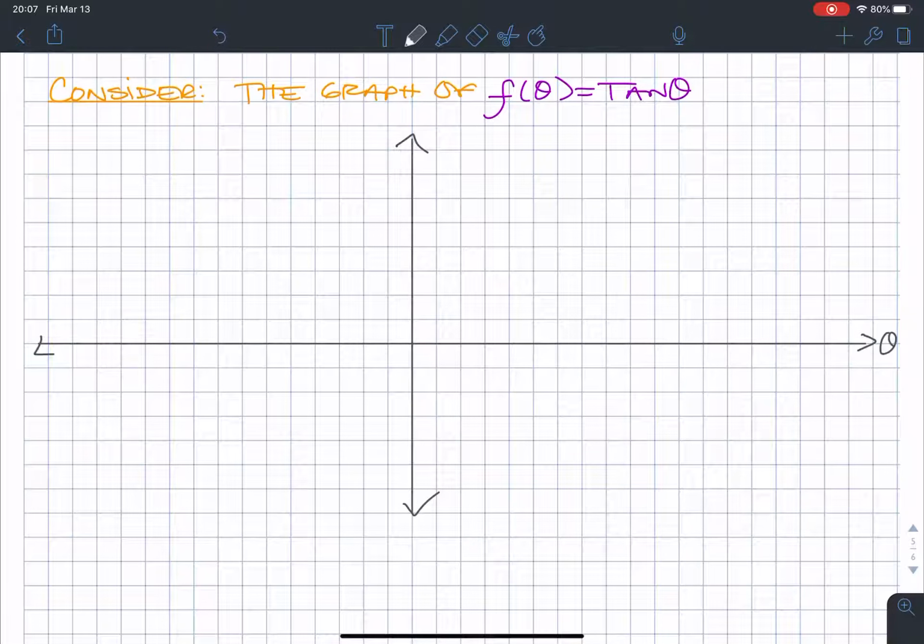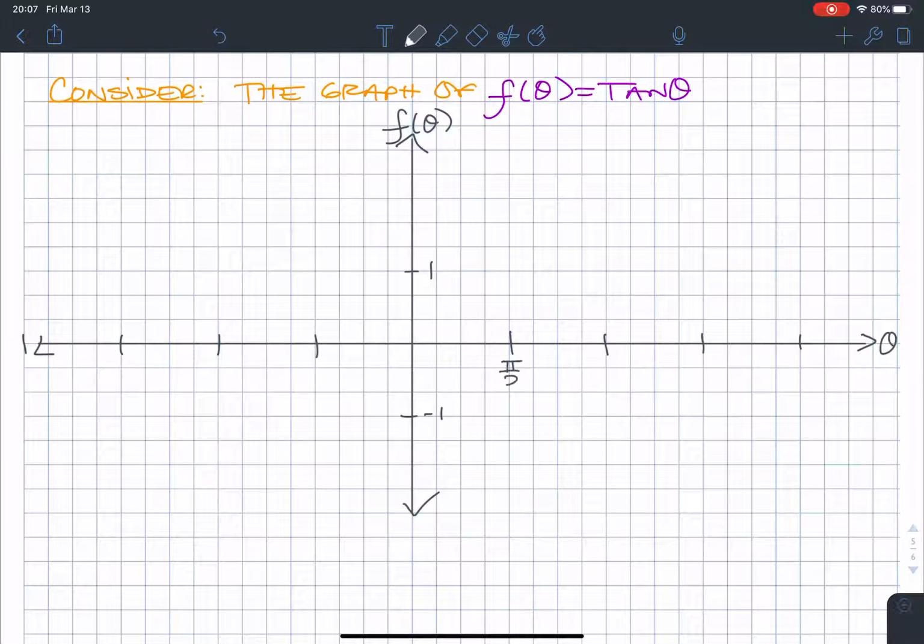Let's do 1, 2, 3, 4 quadrants going forward, 1, 2, 3, 4 quadrants going back. Let's have this be positive 1 and negative 1.